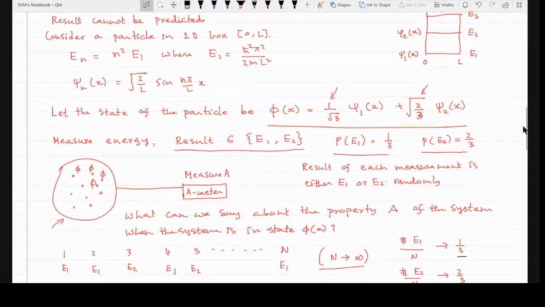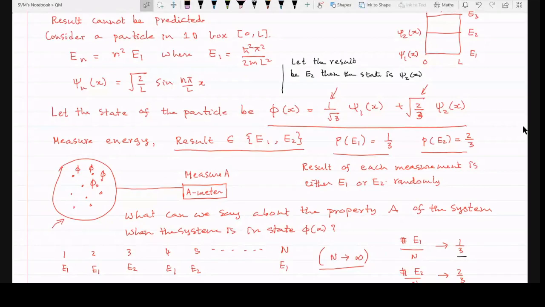Suppose you do a measurement, and let the result be E2. Then the state is psi 2. It is no longer the original phi of x.